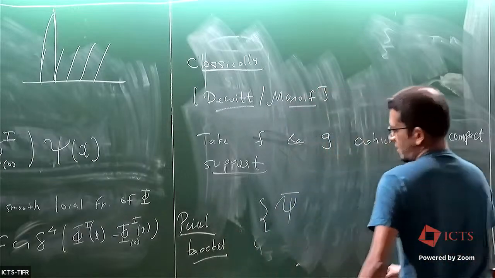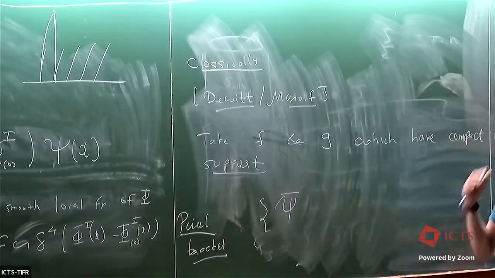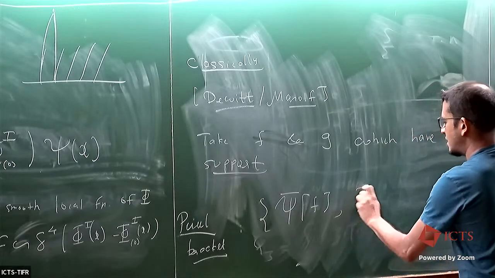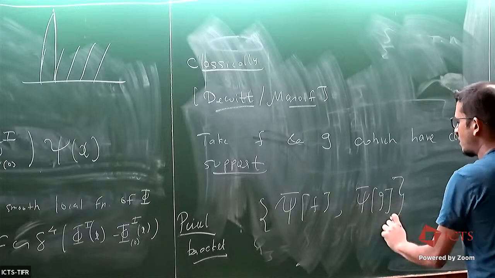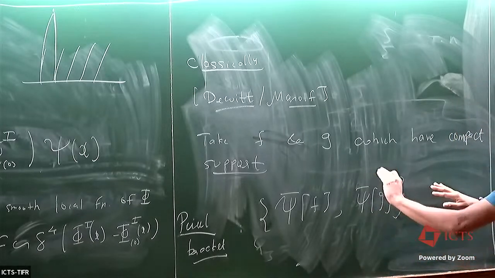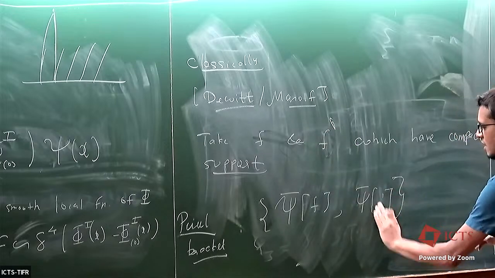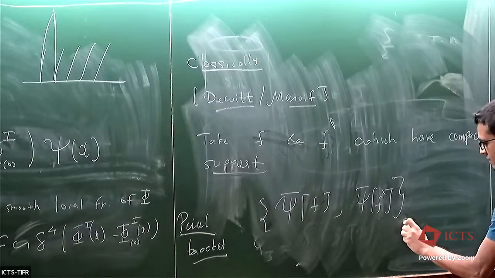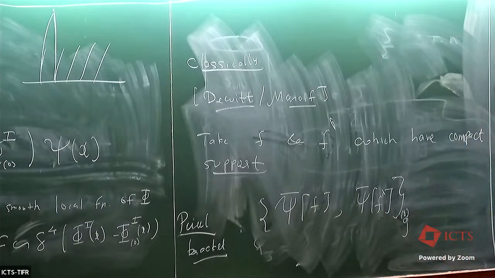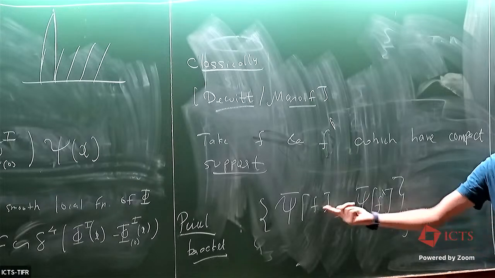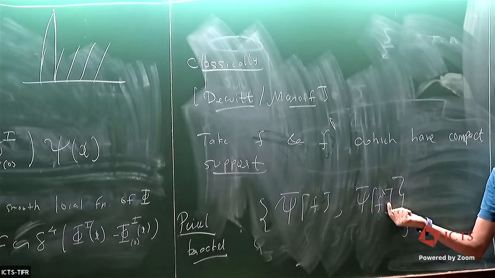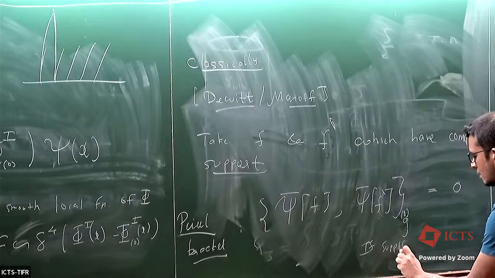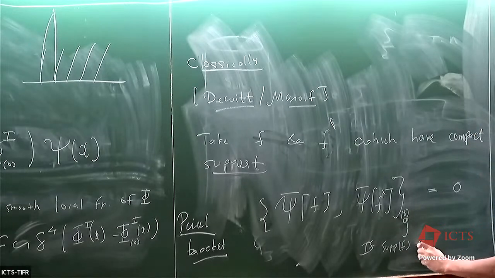DeWitt showed this, and later it was revived by Marolf. The derivation of this is also given in Philip's paper very nicely: if you take psi bar of f, psi bar of f prime, and psi bar of g, and you evaluate it on some solution, these are brackets which you evaluate on a solution. If with respect to this solution, the support of f and f prime are space-like separated, with respect to the metric g0, then this is 0.